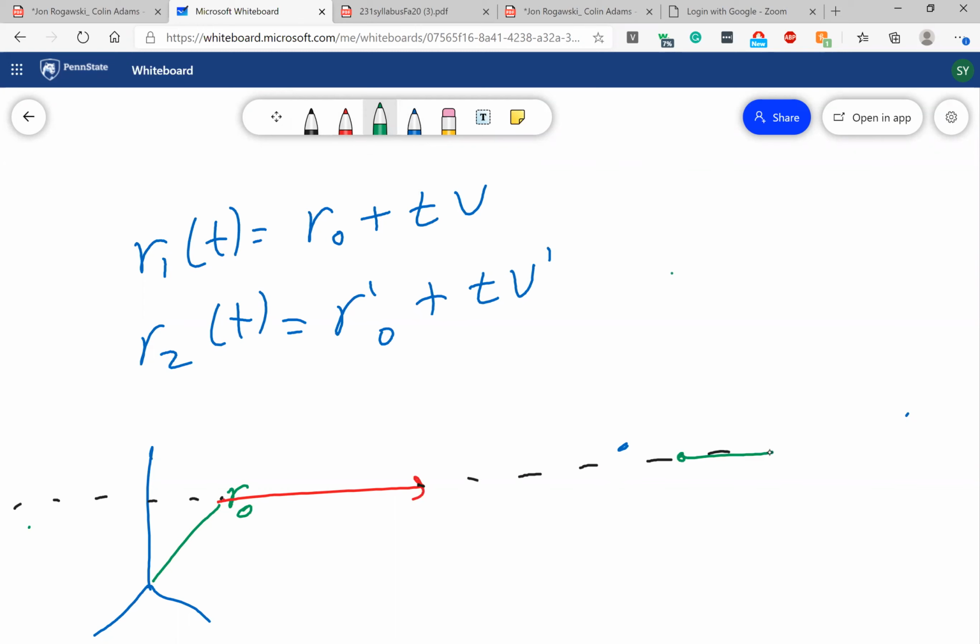So this, let's say, is going to be my V prime over here, and this over here is my V. So if this is my V prime and it's parallel to V, then the only last thing that I need to know is that this point over here, this is R naught prime, also lies on the line. And if I have those two facts, I'll know that they parameterize the same line. So we already showed in this case.